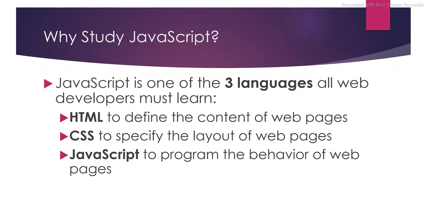HTML describes the content of the web page, CSS adds styles to the web page, and JavaScript programs the behavior of the web pages. Behavior means how control flows from one page to another page, and some kinds of validations. These are all things you can do with JavaScript.